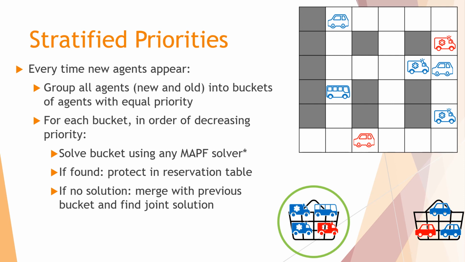We continue in this manner until all buckets have a solution. One final thing to note is that if the MAPF solver we use is a complete MAPF solver, stratified priorities will also be a complete solver.